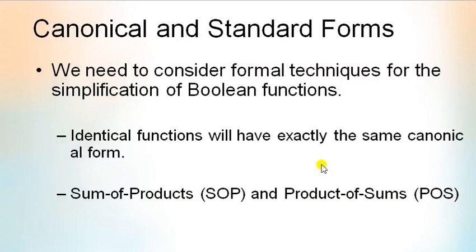Good morning, everyone. Now I am going to discuss the canonical and standard forms. As you know, in digital logic, the inputs and outputs of the function are in the form of binary numbers, that is 0 and 1. Therefore, digital logic is also known as Boolean logic. These inputs and outputs can be termed Boolean variables.